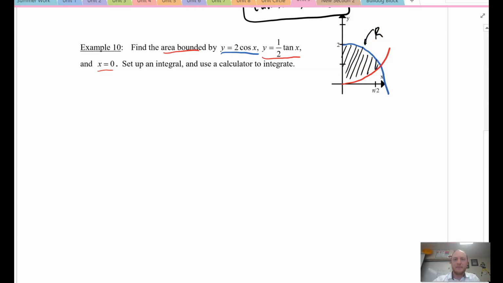Okay, so all right, let's go ahead and set up an integral. So I know that the area is equal to the integral of top minus bottom. So again, this would be 2 cosine x minus the bottom function, which is 1/2 tan x, okay, and we are integrating with respect to dx.